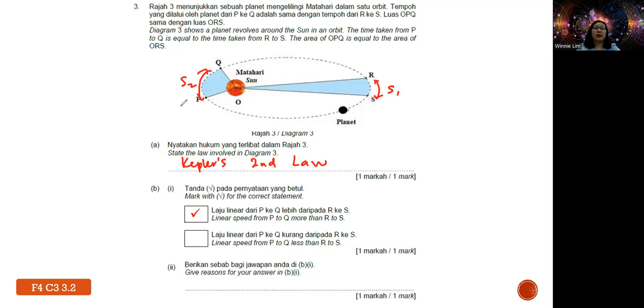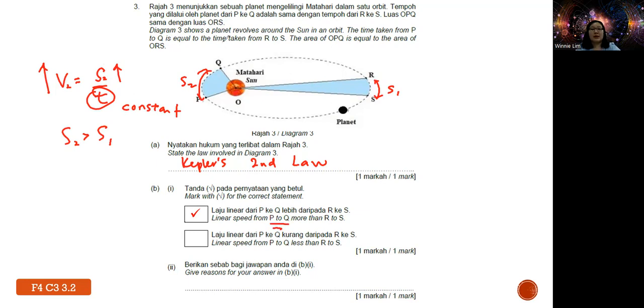So how do we relate speed with distance? Speed is equivalent to distance over time. Since S2 is greater than S1, but the time is constant and the same for both, your speed on part 2 will also be greater. Therefore, the linear speed from P to Q is more than RS.